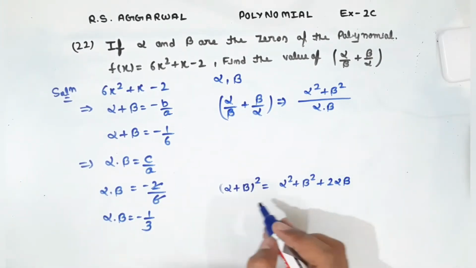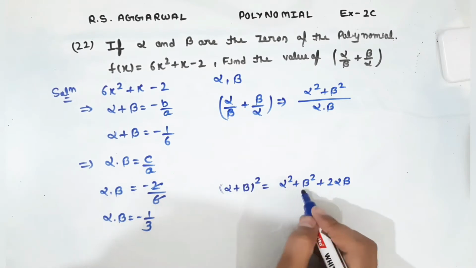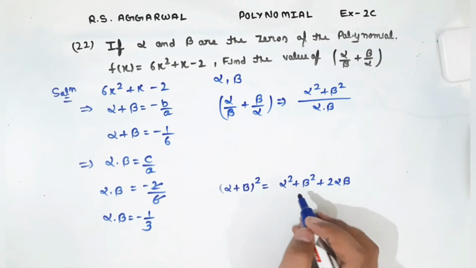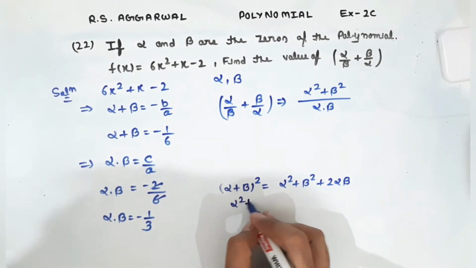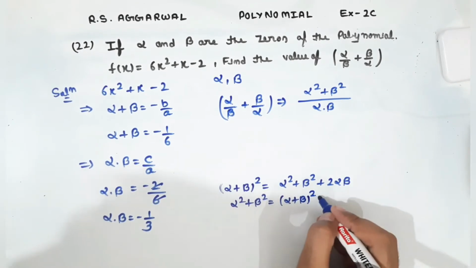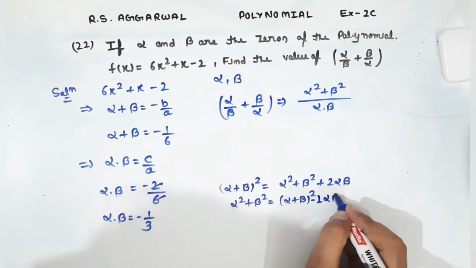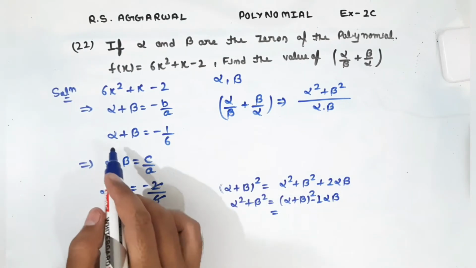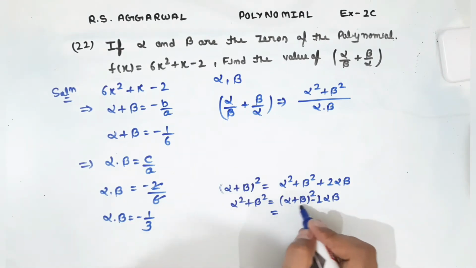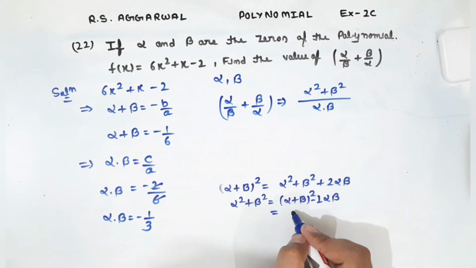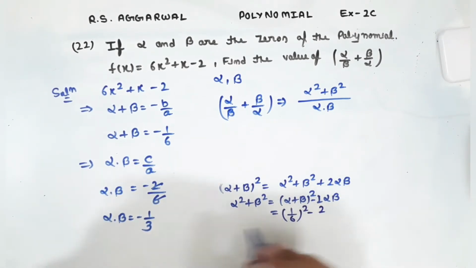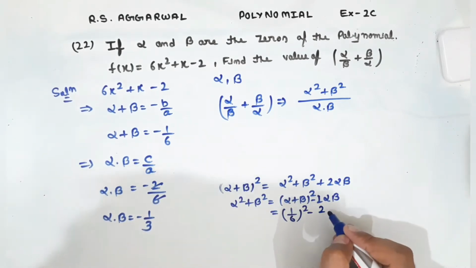So from here, alpha square plus beta square will be equal to alpha plus beta whole square minus 2 alpha beta. We have the value of alpha plus beta, that is minus 1 upon 6, so alpha plus beta whole square will be 1 upon 6 whole square, minus 2 times alpha into beta, which is minus 1 upon 3.